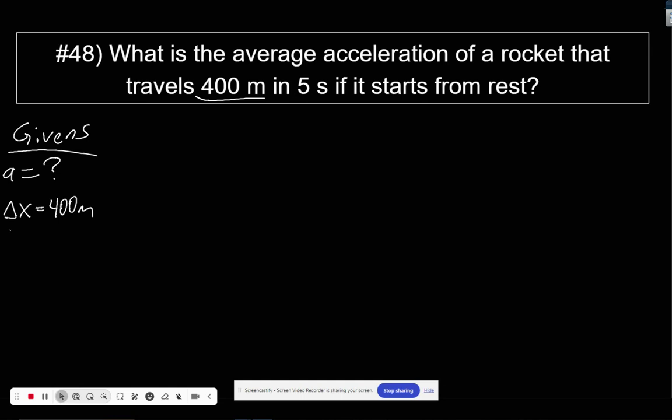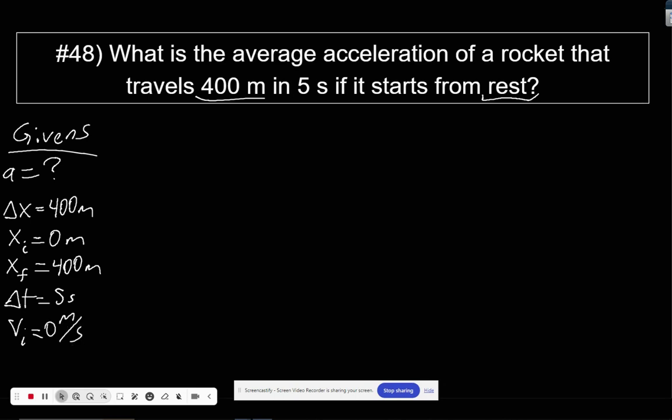Or I could also say that I'm launching a rocket. It's going to start from the ground, so my initial position would be 0, thus making my final position 400. You know the time is 5 seconds. And the other bit of information that's critical is the fact that we're starting from rest, which means our initial velocity is 0.